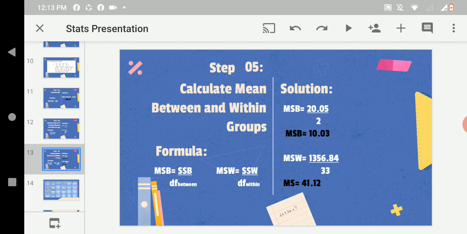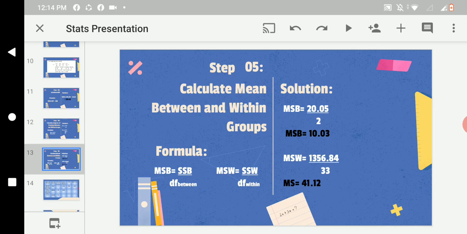For the mean square between groups, it equals SSB over the degrees of freedom between groups. For the MSW, it equals SSW over the degrees of freedom within groups. We already solved the SSB and the DF between, as well as the SSW and the DF within.